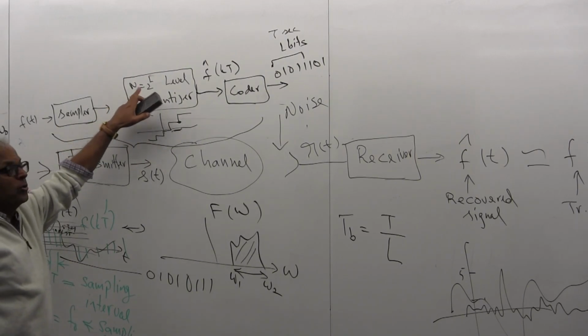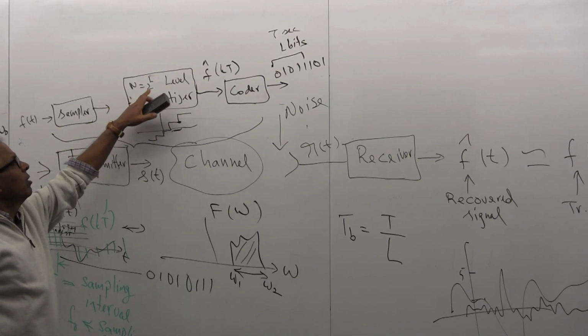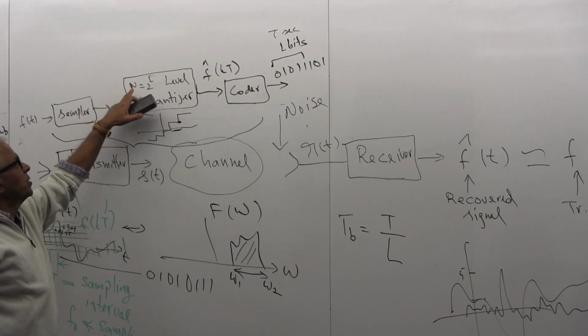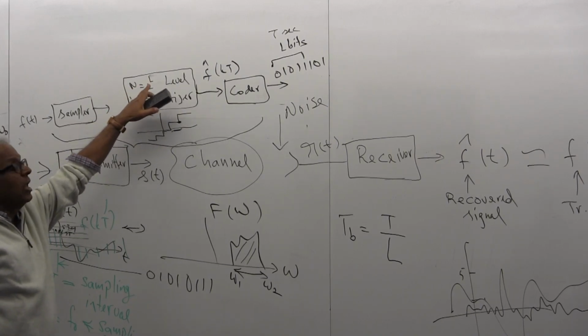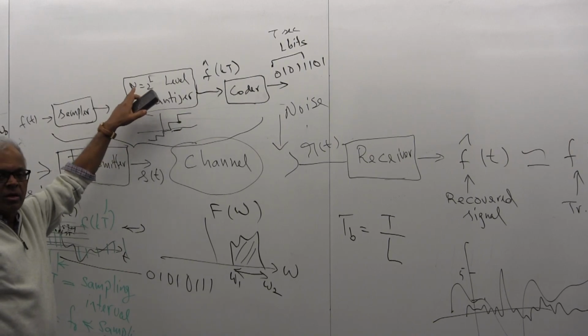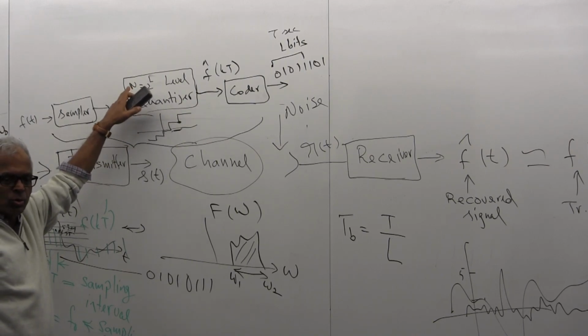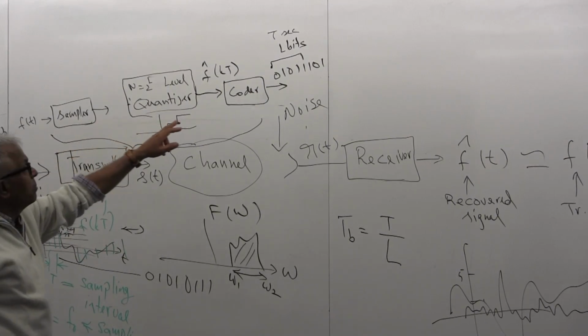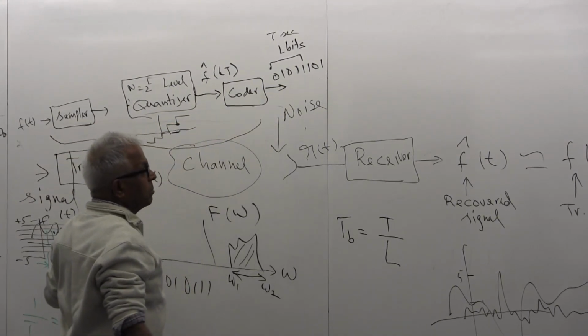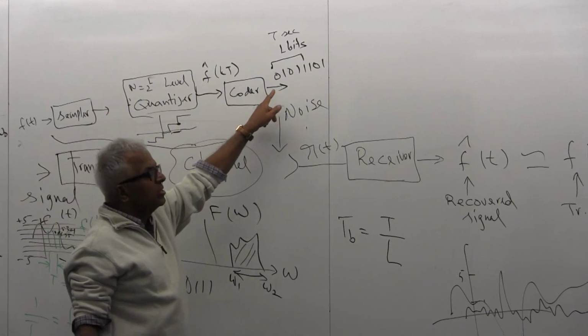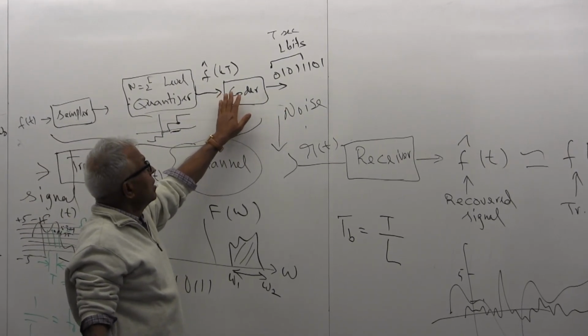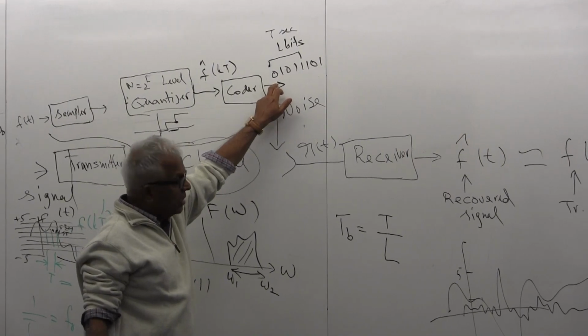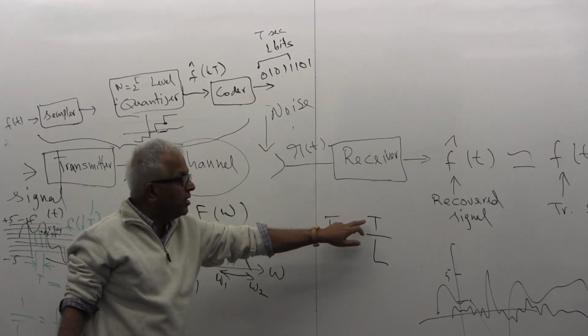You will choose N to be conveniently of the form 2 to the power L. That's why I said 256, where L is 8; 512, L is 9; 1024, L is 10, etc. So you get L bits for one sample. That means each bit duration is only T over L.